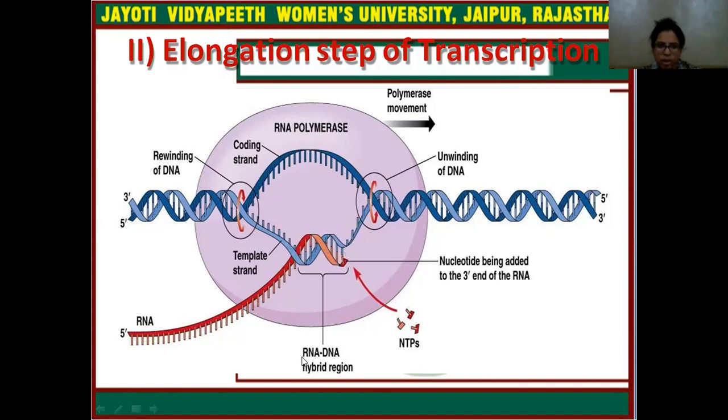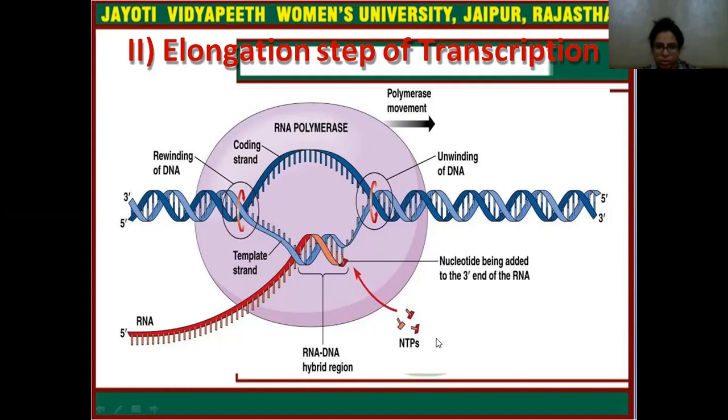That's why we call it the RNA-DNA hybrid region, and these are the NTPs, and with the help of RNA polymerase, these NTPs bind and create the new RNA strand. The NTP arrangement follows the rule: if here is A, then in the RNA uracil will come, and if here is G, then cytosine will come.